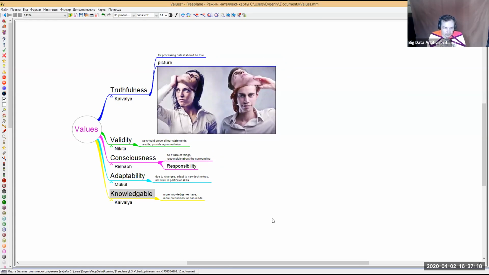And what situation may arise that can expose or discover these kinds of values, when you can say whether a person is trustworthy or not, whether he aligns to validity or not? These kinds of situations you can call a kind of living exam, due to which you can distinguish.